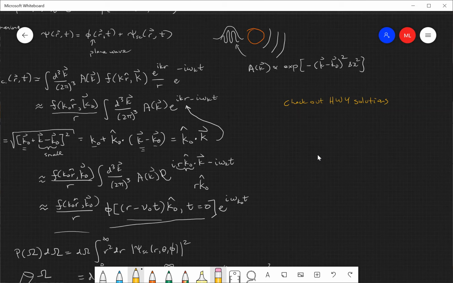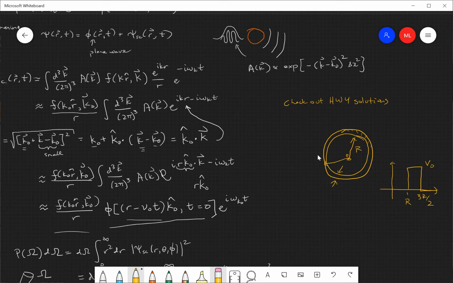The idea there is that you have a shell, and the shell is represented by a spherical potential barrier of size V naught. It extends from R to 3r over 2. So at r, there's just a barrier of size r over 2. It's like a thick shell.